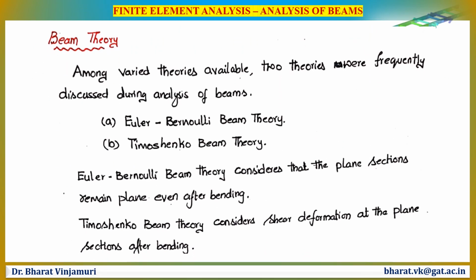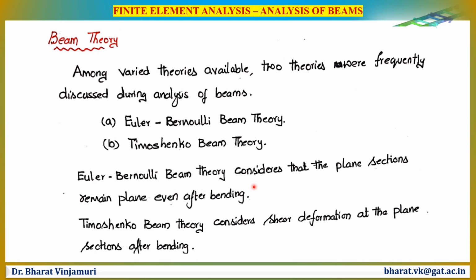Many theories that describe the behavior of beams under different loading conditions are available, but two theories are frequently used. They are Euler-Bernoulli beam theory, derived by Euler as well as Bernoulli, and the second one, Timoshenko beam theory.